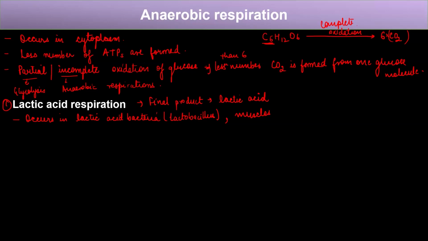But in the case of exercise, we somehow do not get that amount of oxygen. This leads to the movement of respiration to the anaerobic pathway. So in the muscles, lactic acid formation takes place when there is less oxygen, specifically during exercise.